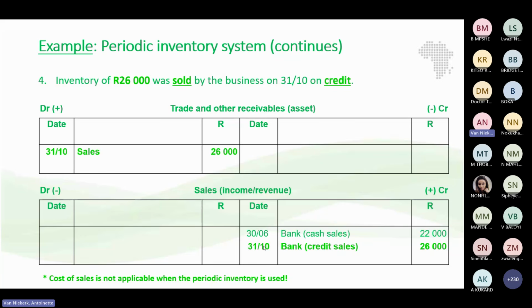If we just take this transaction that's highlighted in this bright green, you will either have this transaction recorded on the credit side or on the debit side. If you think it needs to be recorded on the debit side, then you can choose on the debit side the bank account.